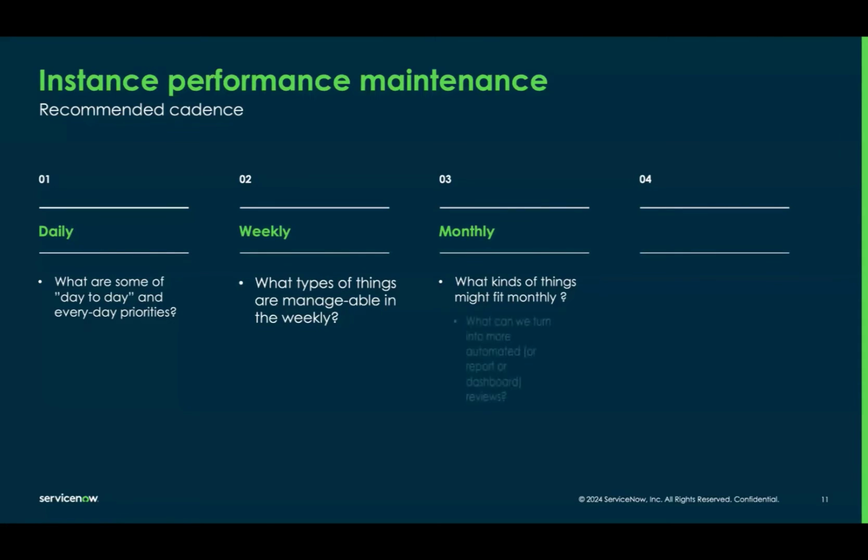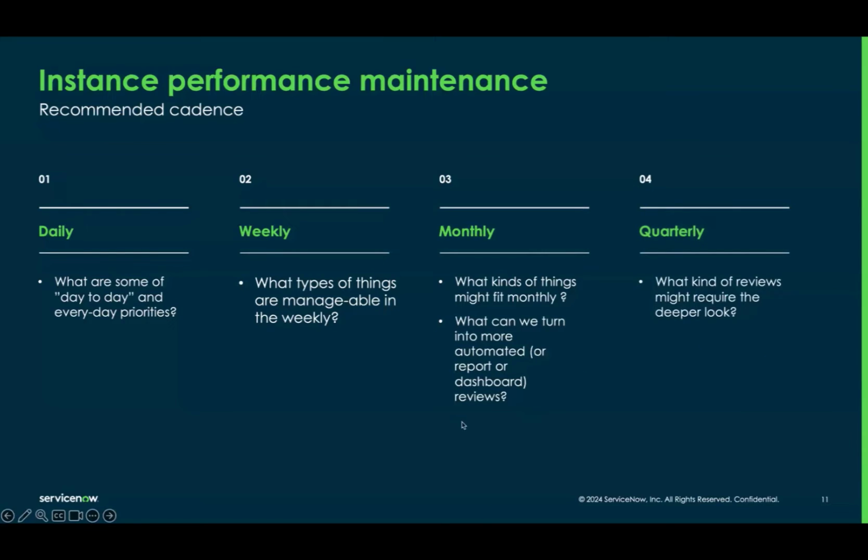All right, so we've got some great answers on the daily, weeklies, monthlies. And that, of course, leads us to quarterlies. Now, I mentioned in weeklies, we might be taking those same logs and applying filters to them. We could do the same thing in monthlies. In those monthly angles, I might be looking at things like tracking table growth, in particular as we ramp new applications, or make new applications available to wider audiences in our instance.